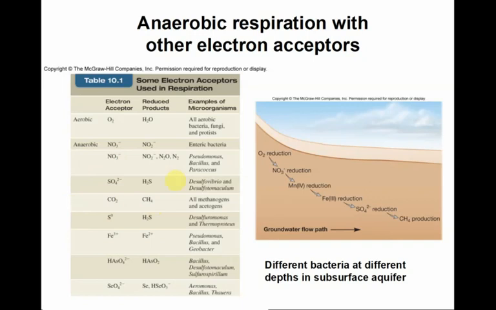Now, the one that is a little bit weird here is how this can possibly ever work. Okay, but it does. So often methanogens will actually be using molecular hydrogen as the source of electrons.